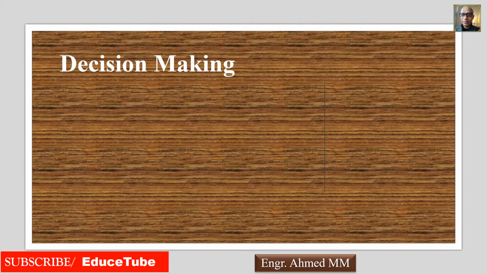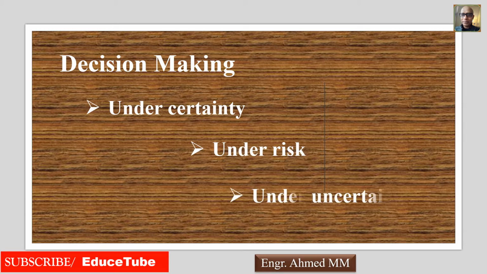Decision making has three options: under certainty, second one is under risk, third one is under uncertainty. Today our discussion will be on under risk.